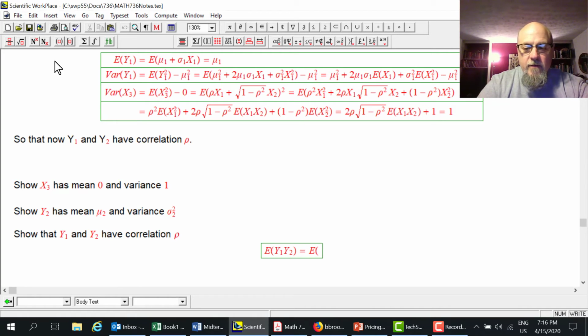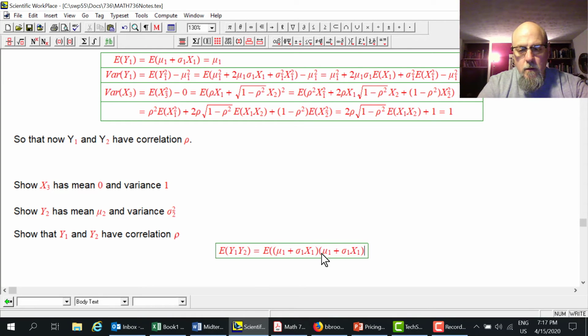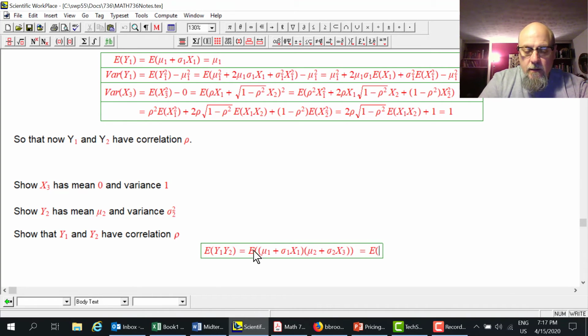Well, that's the expected value of y1 times y2, and that's now x3. Let's expand this out.